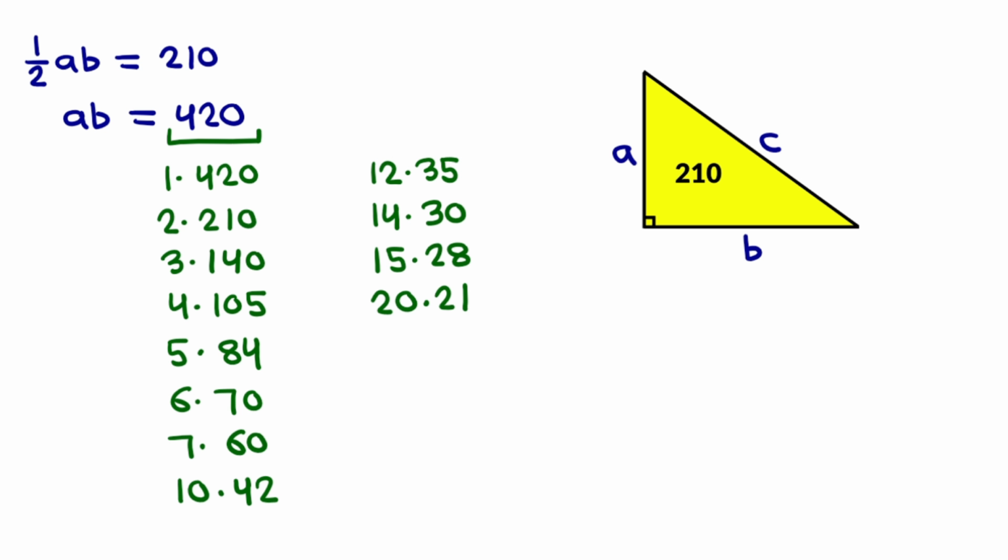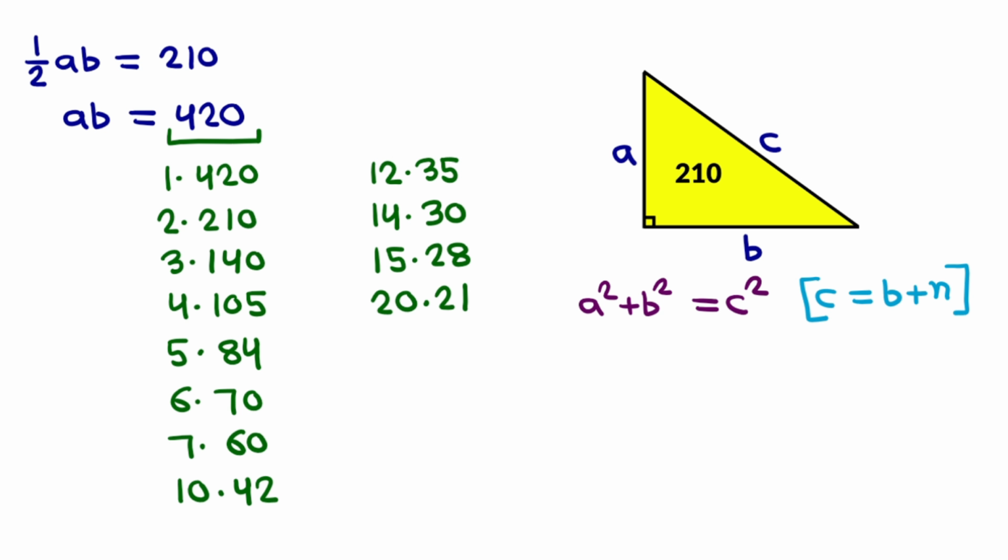Testing all 12 with the Pythagorean theorem would be tedious, so let's find a shortcut. We know a squared plus b squared equals c squared. And because c is the hypotenuse, it must be larger than b. Since all the side lengths are whole numbers, we can write c as b plus n, where n is a positive whole number.